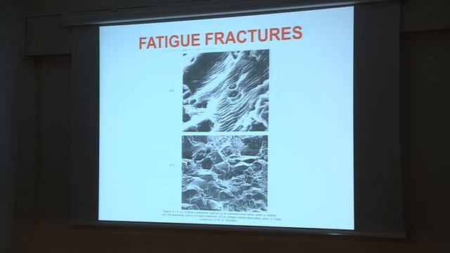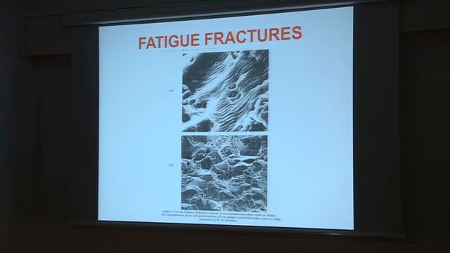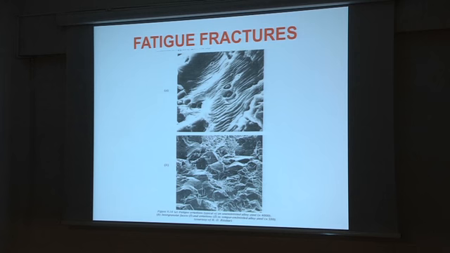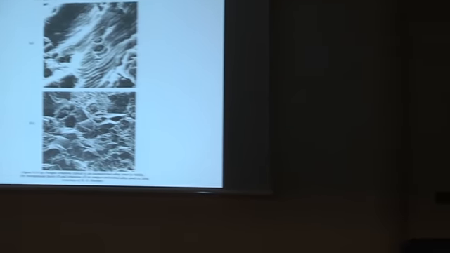But here you see the generation of these voids does not obscure the fact that the main mechanism is striation formation. Then we'll see how striations are formed. But this is an alloy steel with about 750 megapascals of yield strength that comes from a nuclear plant.